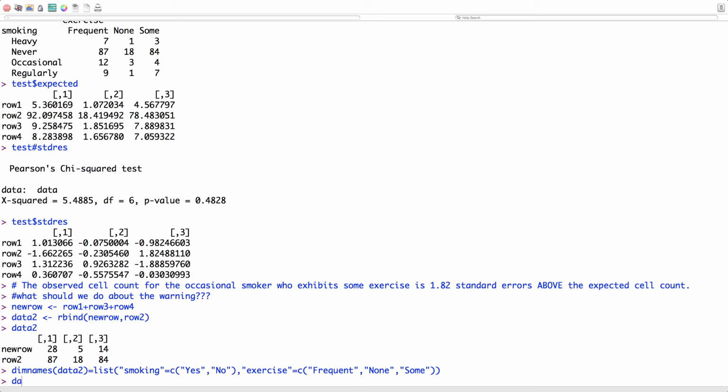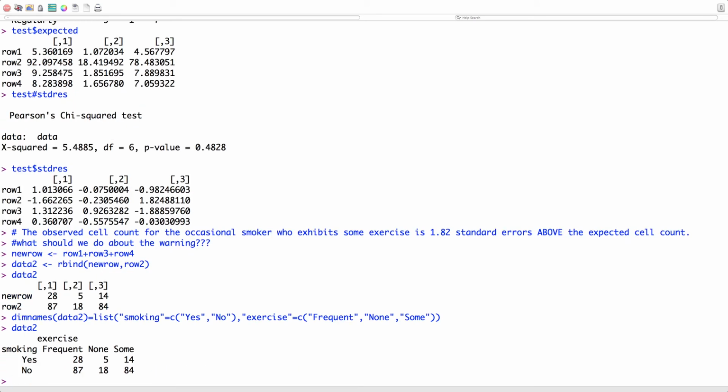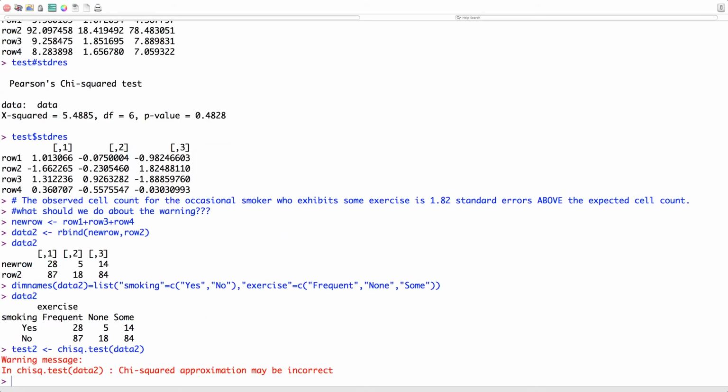All right. So when we do data 2, we get labels that make sense. Okay, now I still have issues with this low observed cell count, but let's make it happen. So I'm going to call this test 2. chisq.test, and I want data 2.